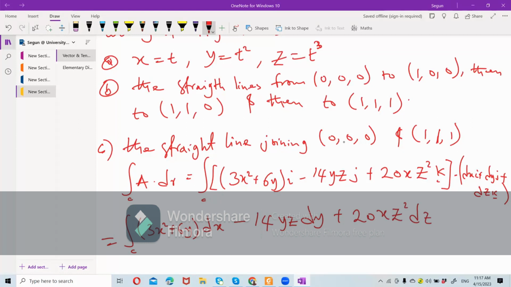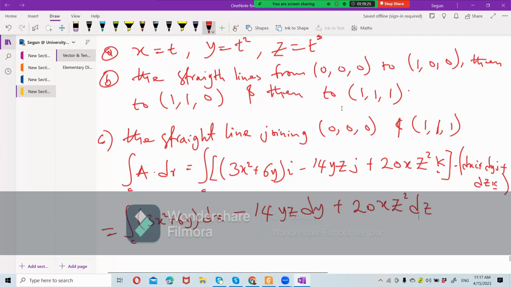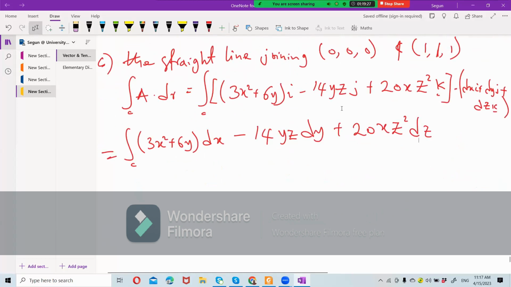So we're asked to solve this problem, which I believe we can do very straightforwardly. This is part of the line integral solution. Now let's look at it.